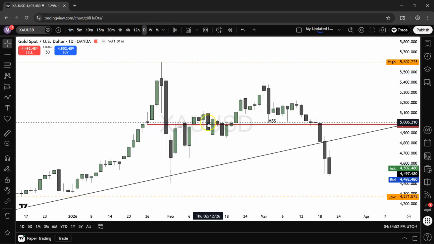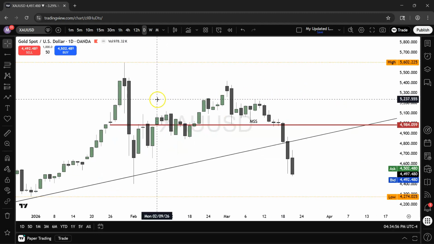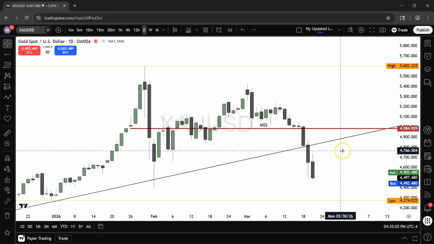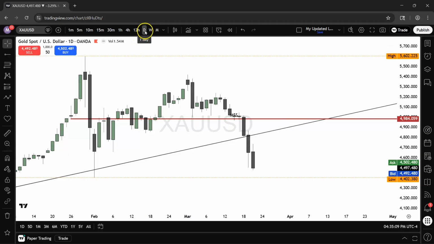Okay, so now that we definitely took a look at that, right? We want to make sure that we mark up the fair value gaps now, right? Because now that we're on the daily, we want to mark up our fair value gaps.